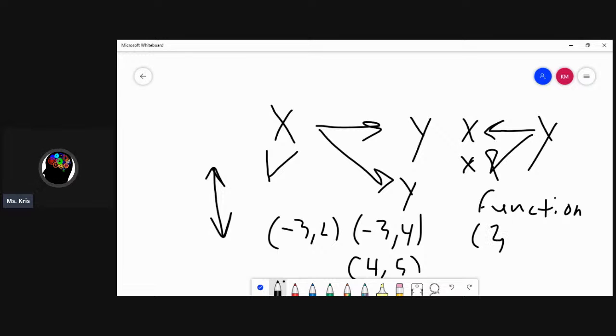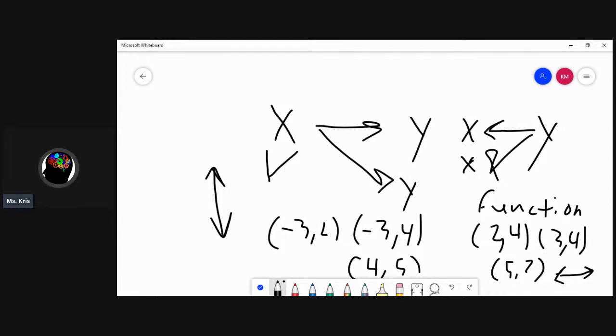If you have (2, 4), (3, 4), and (5, 2), more than likely, this is going to make some type of function with a horizontal line within it.